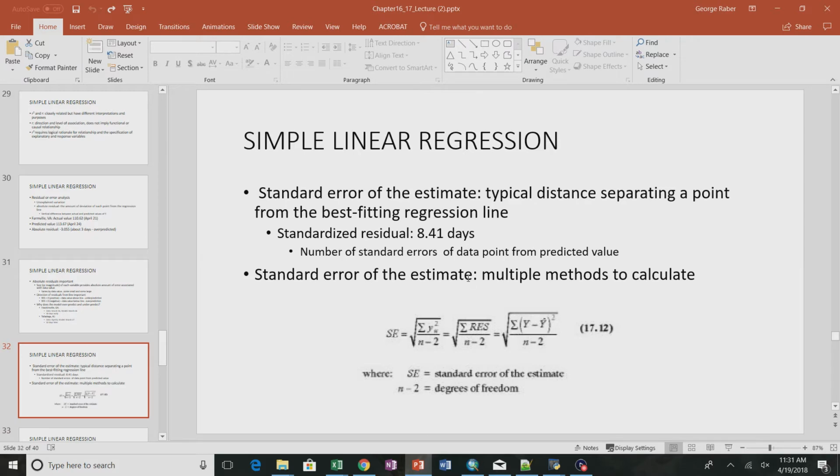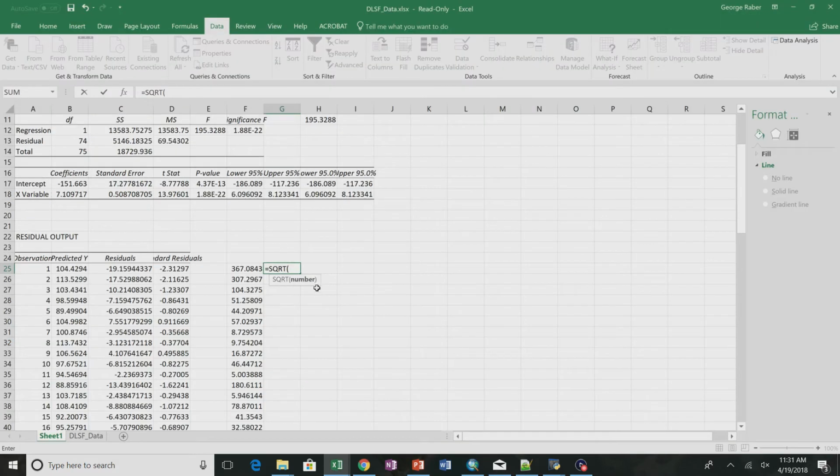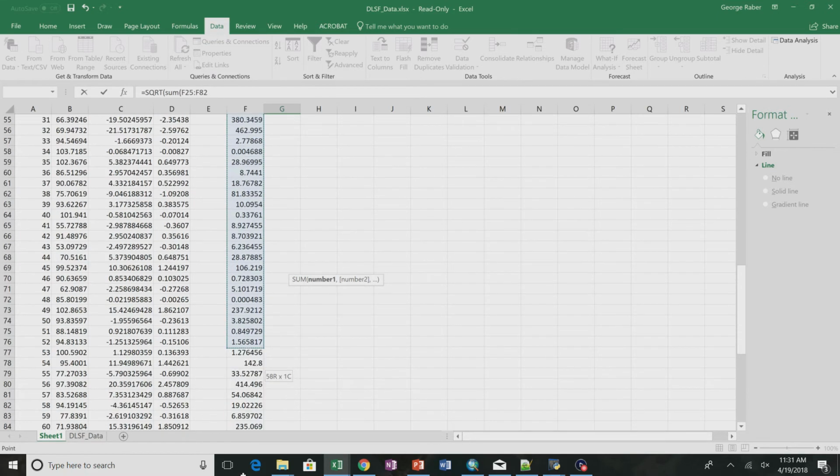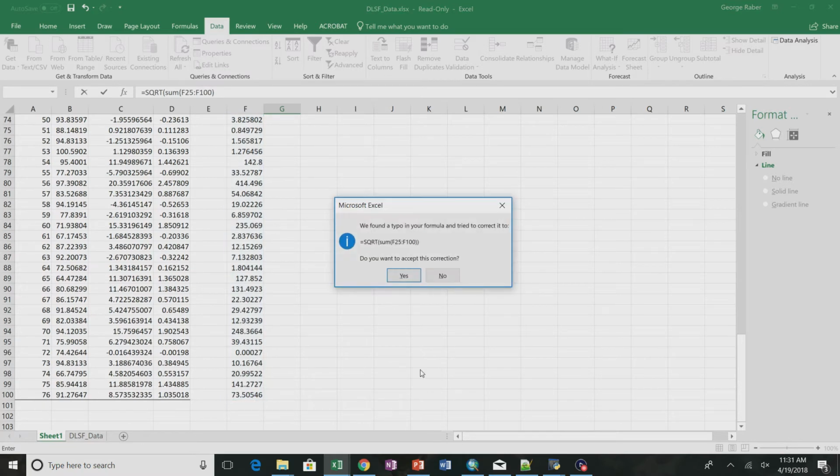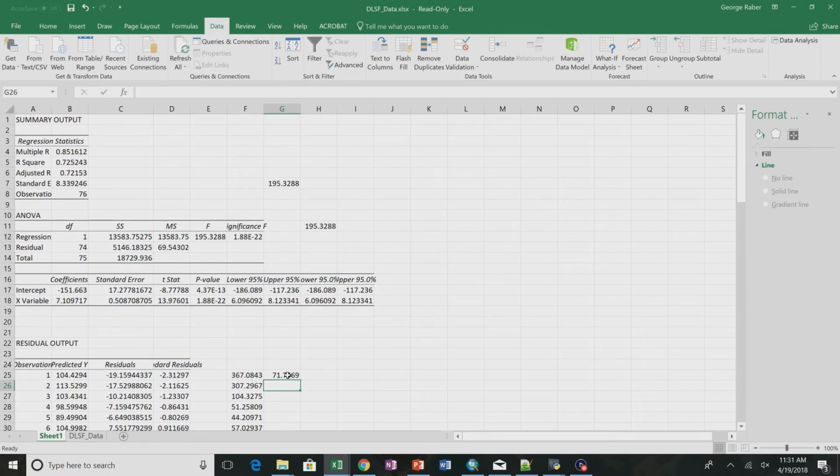I accidentally deleted. There we go. So it's the square root of the sum of all those values divided by n minus 2. Yep, there it is. Sorry, it's right there at the top.